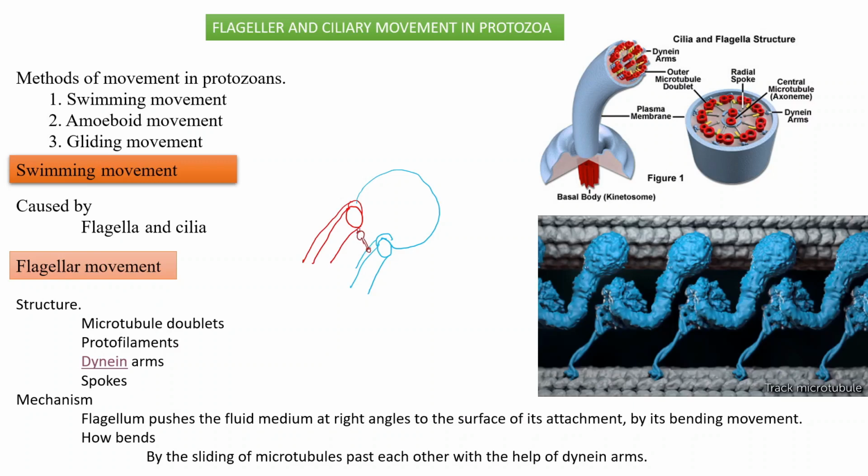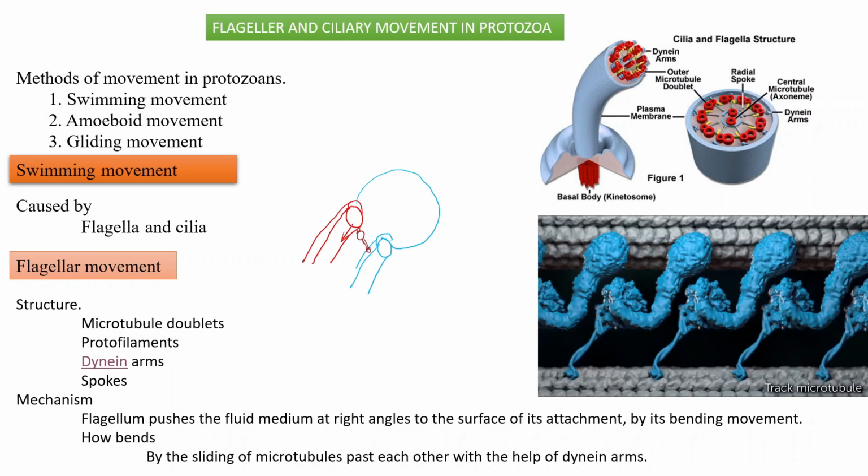This dynein protein is an ATP hydrolyzing protein. By the hydrolysis of ATP, it can generate energy, and using that energy, it can pull the microtubule. That's what I am going to show you. As it gets energy, using the tail, it attaches to the neighboring microtubule duplex and pulls it backwards.